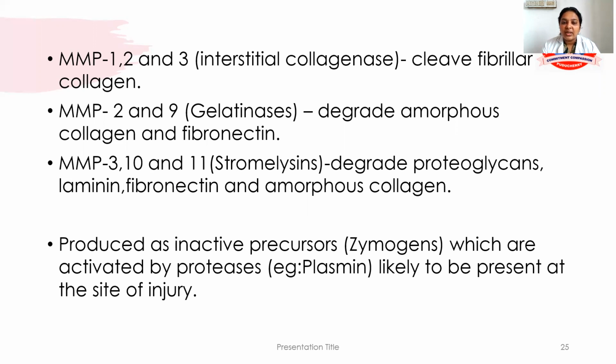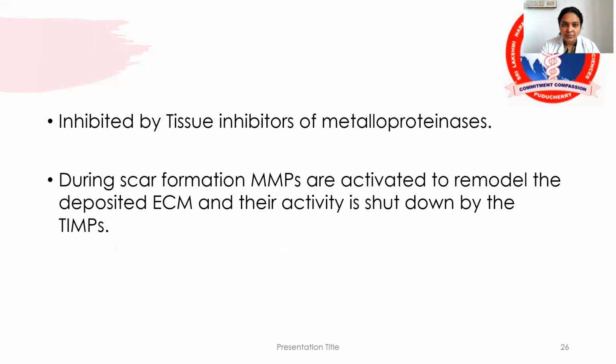These are further activated by proteases like plasmin, which are likely to be present at the site of injury. These metalloproteinases are inhibited by tissue inhibitors of metalloproteinases. Thus, during scar formation, MMPs are activated to remodel the deposited ECM, and their activity will be shut down by tissue inhibitors of metalloproteinases.